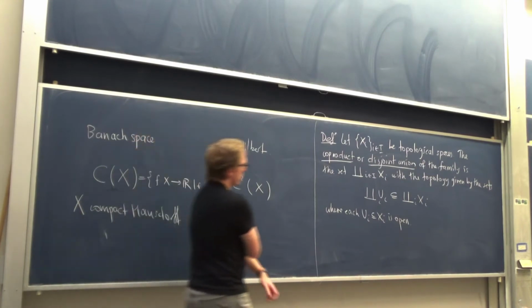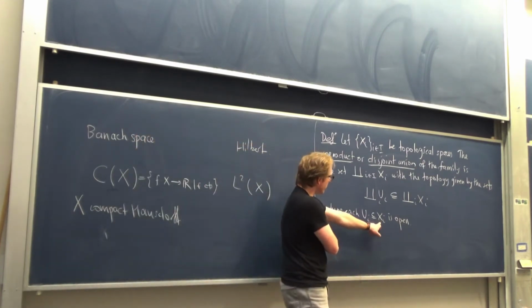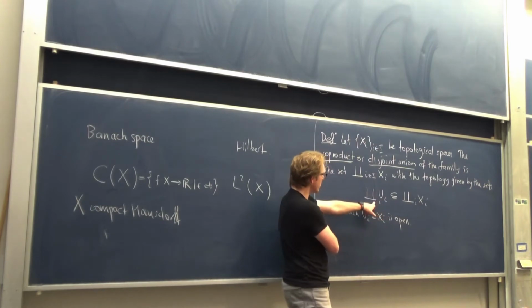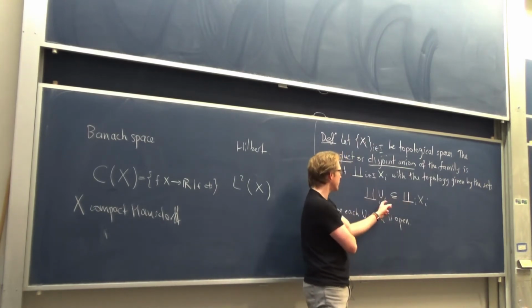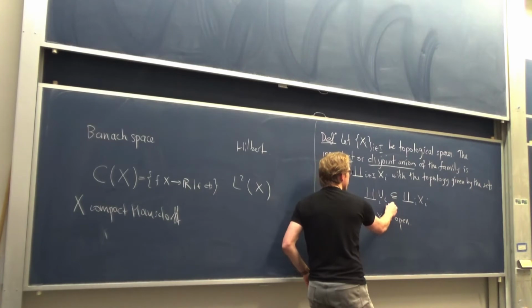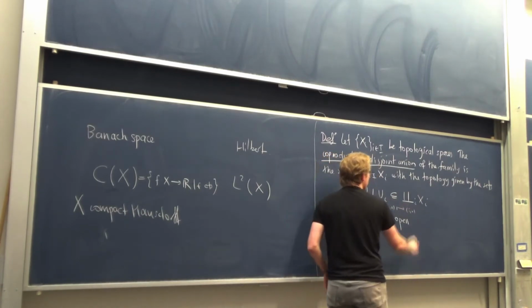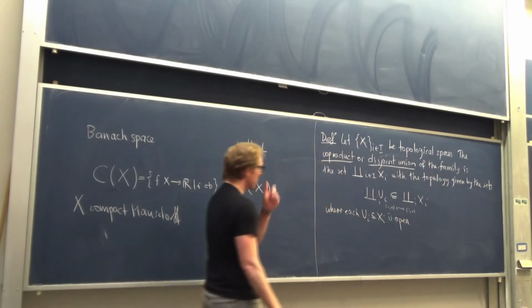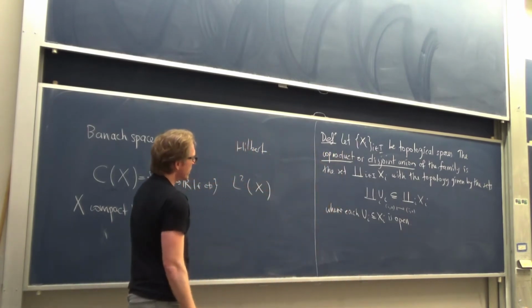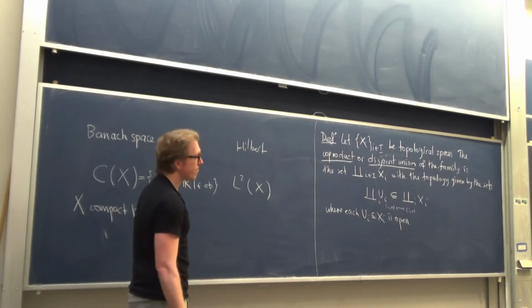Given a family of open subsets of each xi, I take the disjoint union of the ui's. There's a natural function which, if you think about them as pairs, takes a pair like that and sends it to the same pair viewed as an element of the disjoint union of the xi. So that's a subset. I declare that open, and that's all the open sets.